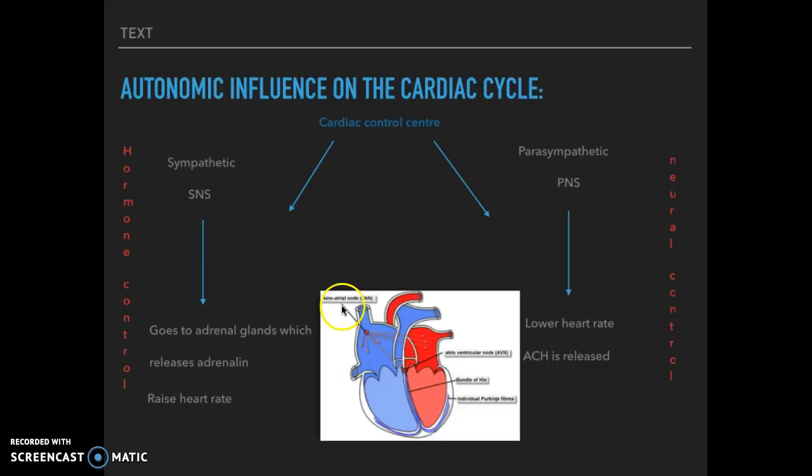So at the SA node, the impulses will be a lot quicker. So maybe if you got a sharp impulse down your nervous system, or someone made you jump, your heart rate will obviously increase. That will be due to the sympathetic nervous system.